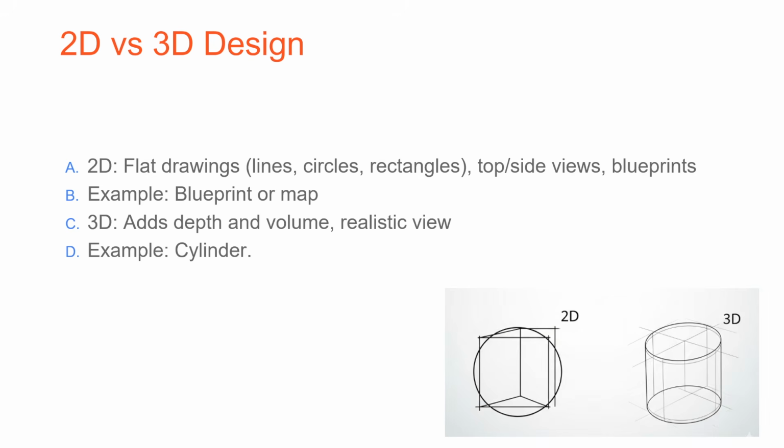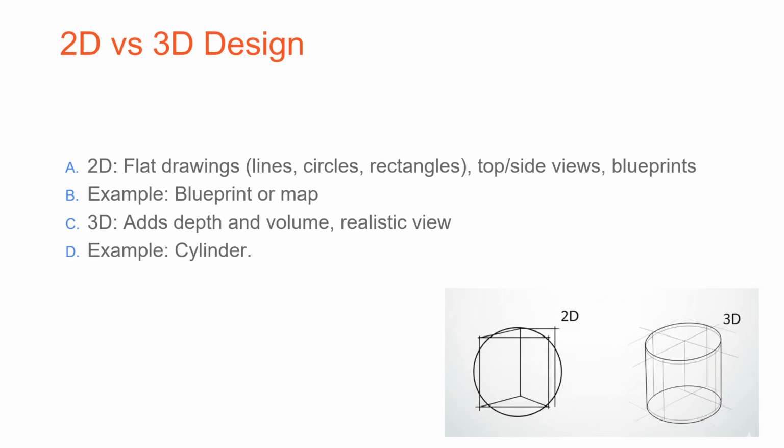Now next let's talk about 2D versus 3D design. In CAD there are two main types of design, 2D and 3D. If you see in the picture, there is a circle, and on the 3D side there is a cylinder, which has depth. 2D design is a flat representation of your object like a blueprint or a map.